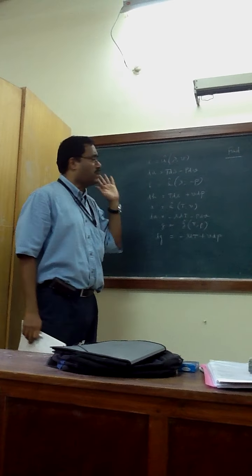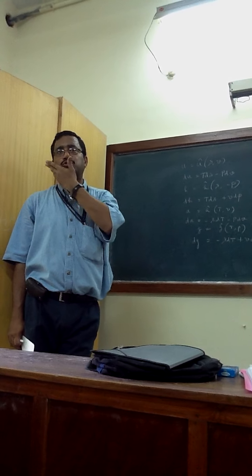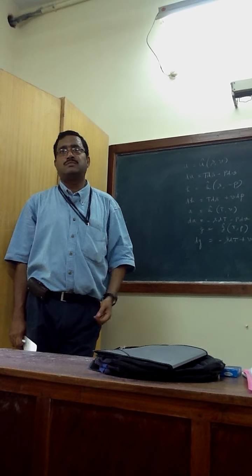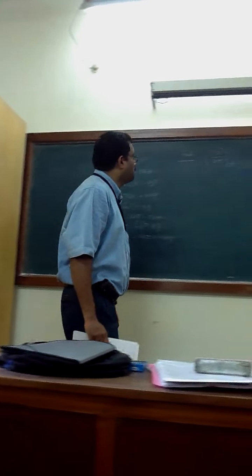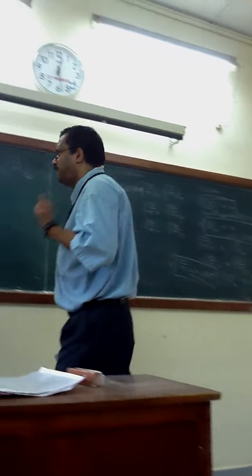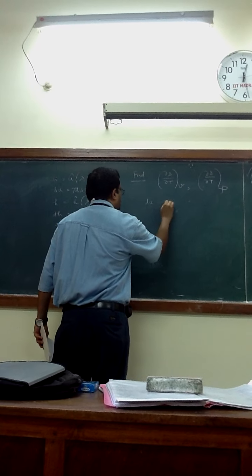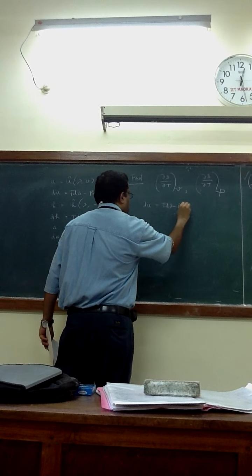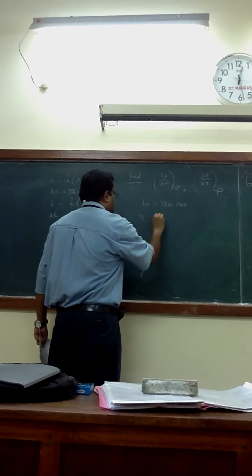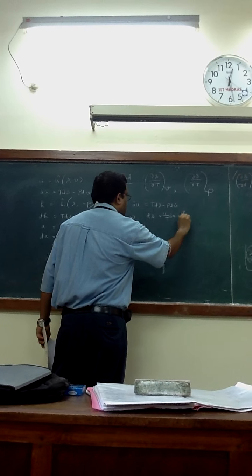You know what formulas we have. If you don't know anything, it is better to approach from the very basics. We know that dU equals TdS minus PdV, and it says that dS equals 1/T dU plus P/T dV.